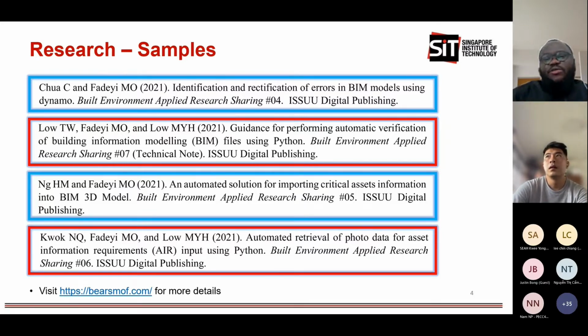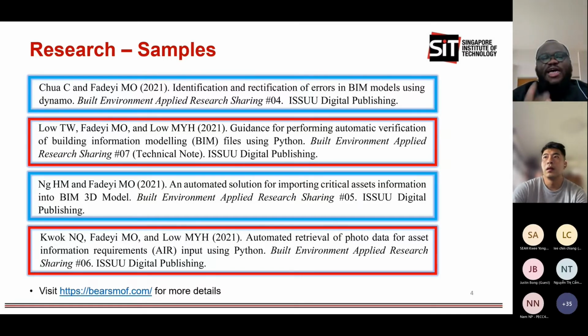Another important thing about facility management is ensuring you are able to transfer your asset information, which goes to the third point here, an automated solution for importing critical asset information into BIM model. So how to do this? Because if you don't know how to transfer your information, you might not be able to create a solution that will maximize your usefulness from your invested resources.